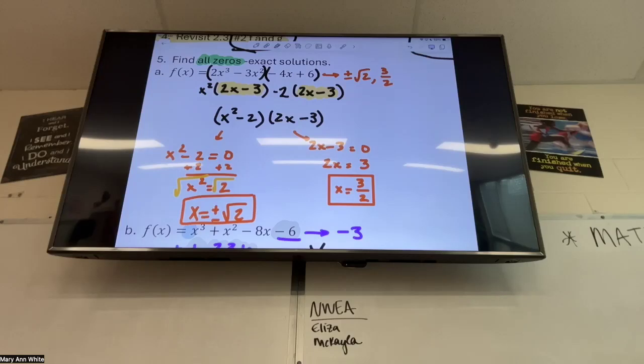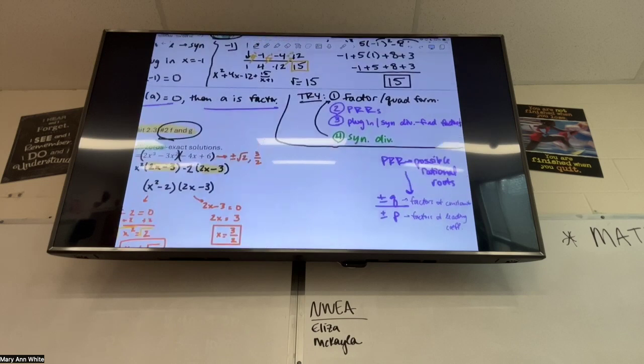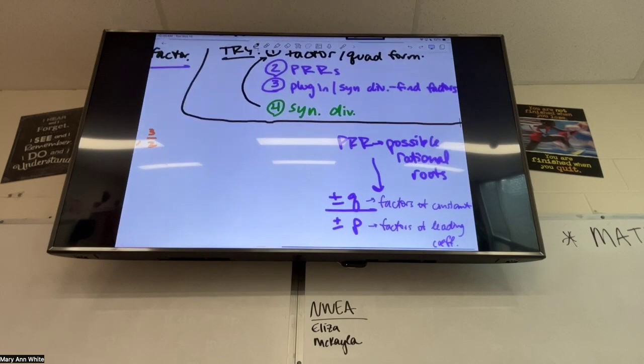We were able to solve, find everything that way. However, if you can't factor, so letter B, we started that yesterday, and I tried to group, and we couldn't do it. So if you can't factor, that's when I introduced PRRs yesterday. PRRs is basically a list of rational numbers, so whole numbers, integers, numbers that can be written as fractions, that come from the factors of your constant, divided by factors of your leading coefficient.